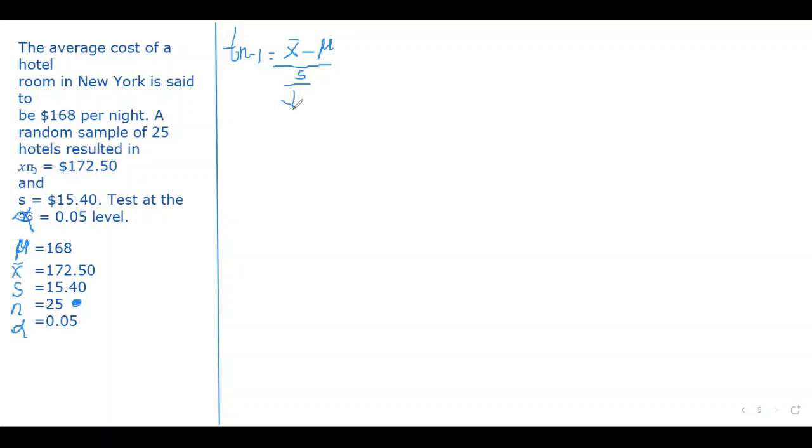So the sample mean is 172.5 minus the population mean, 168, and the sample size is 25. So our T computed becomes 1.46.